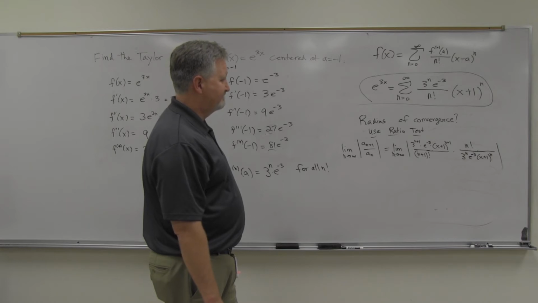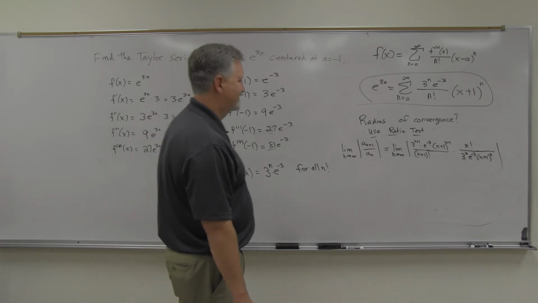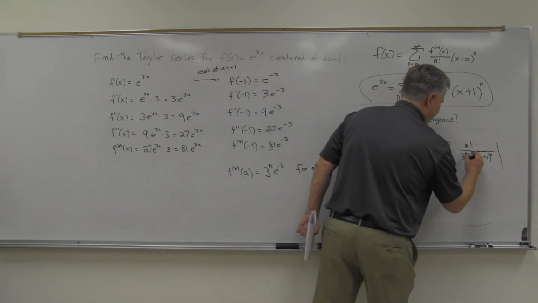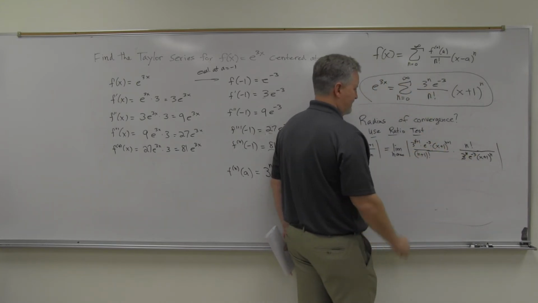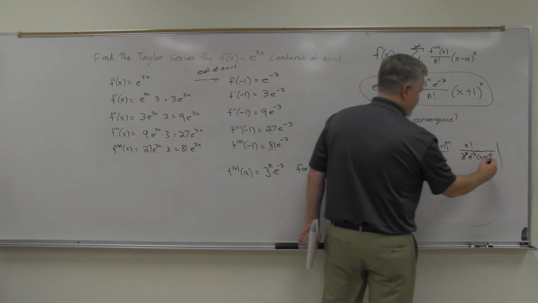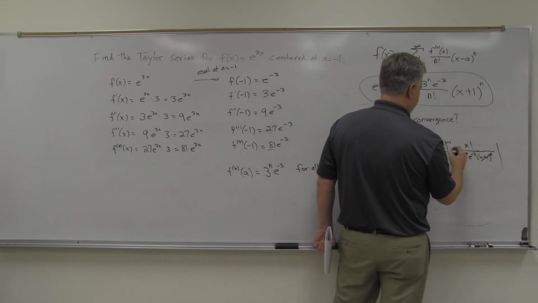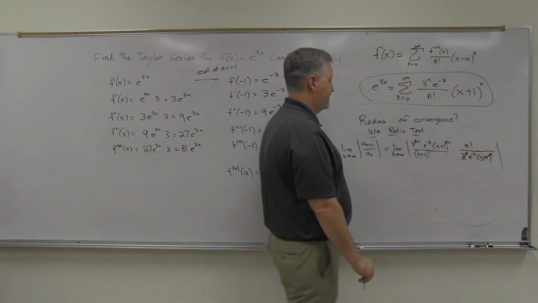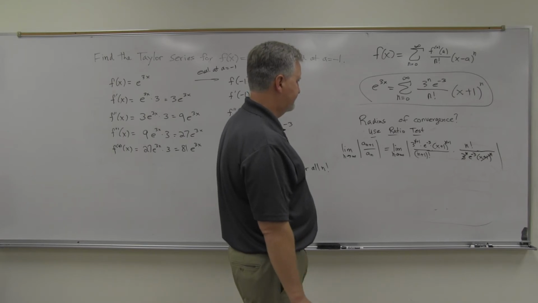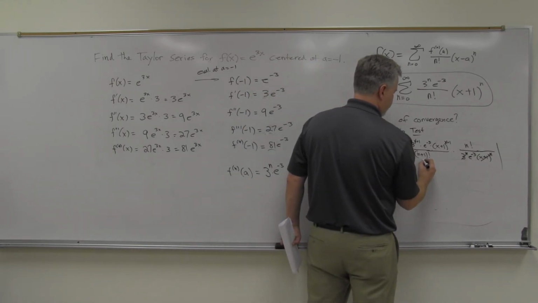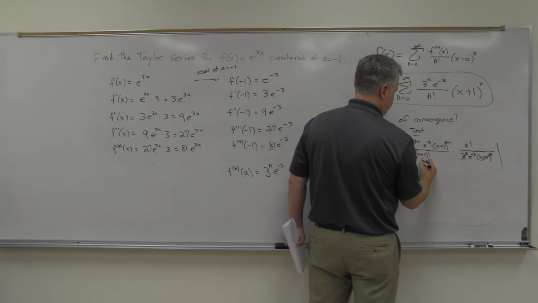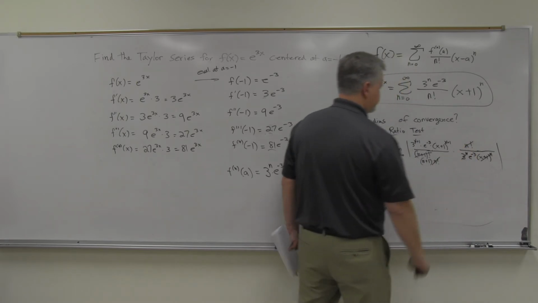So what's going to happen? Well, that 3 to the n is going to cancel that 3 to the n and leave me a 3 to the first. The x plus 1 to the n is going to cancel and leave me an x plus 1 to the first. And then this n plus 1 factorial will be n plus 1 times n factorial, so that's going to cancel out.